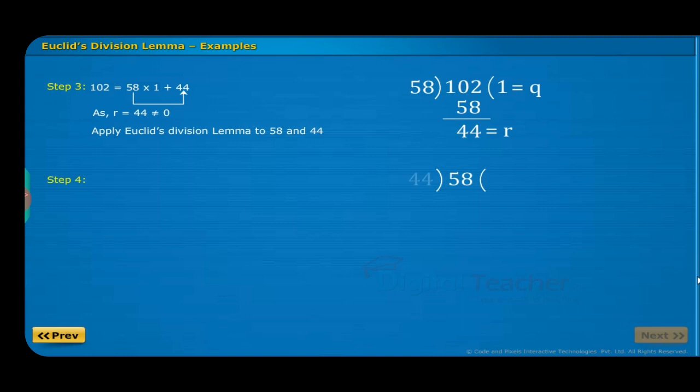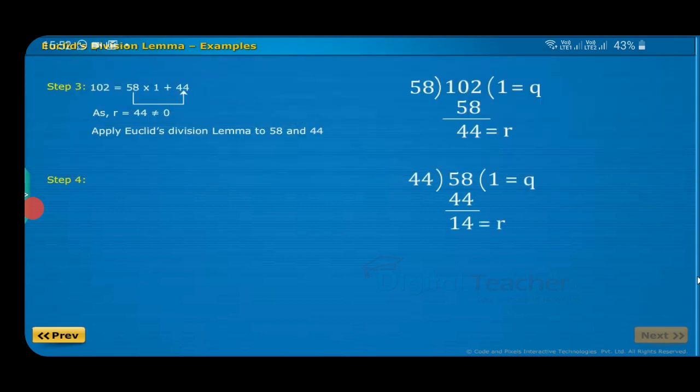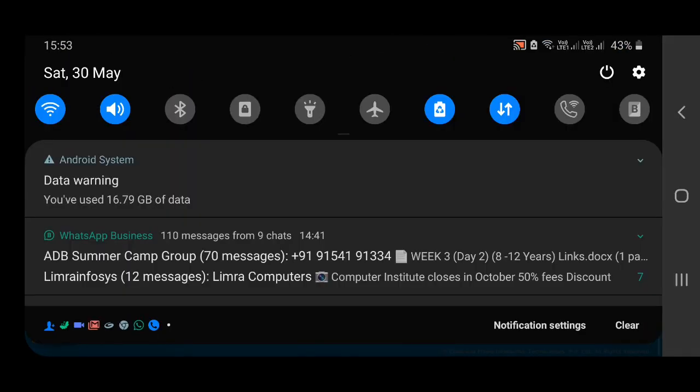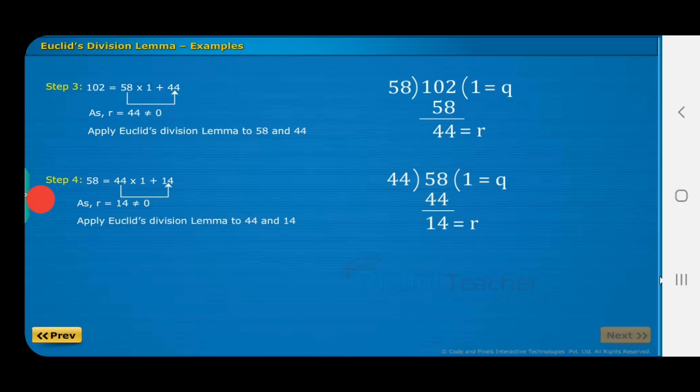Step 4. Here 58 is equal to 44 into 1 plus 14. As r equal to 14, it is not equal to 0, apply Euclid's division lemma to 44 and 14.